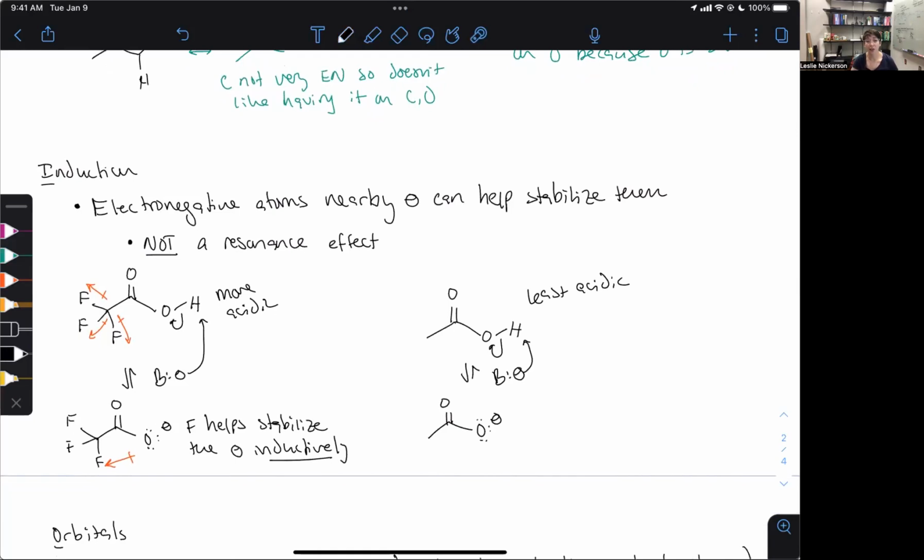It is important to note that this effect does decrease with distance between electronegative atoms. So if I drew up another one and put the fluorines just one carbon away, that would be less acidic than the one where the fluorines are right next to it.